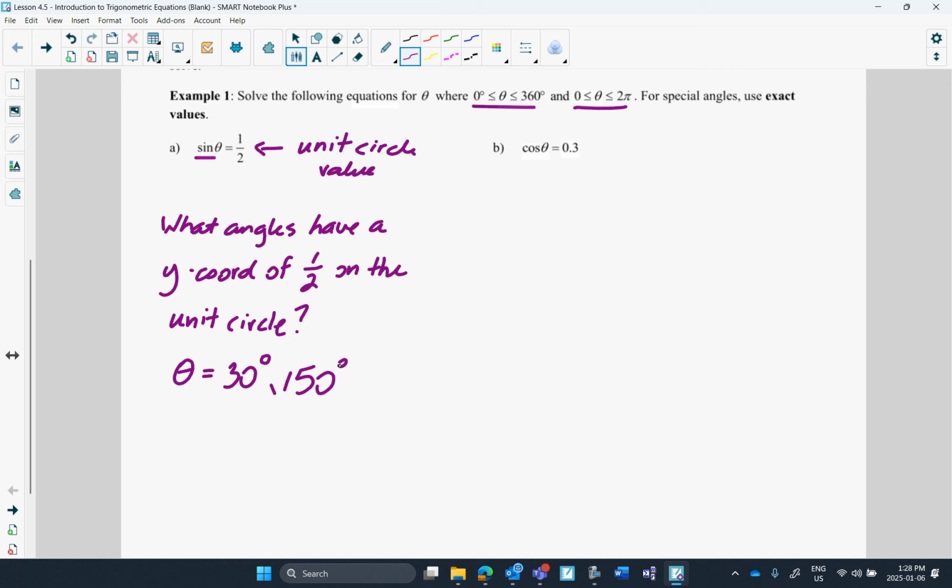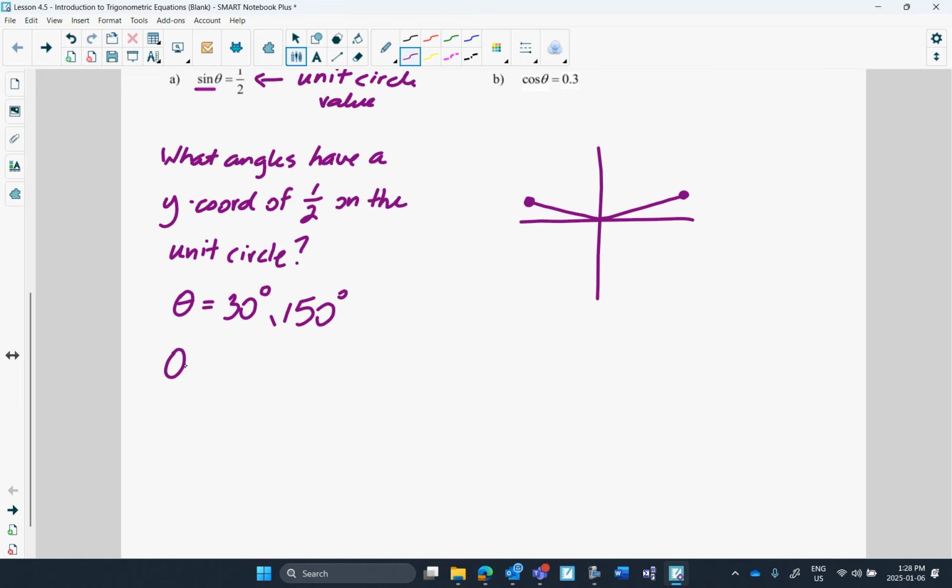Okay, because if you think of your unit circle, here's a point where y is 1/2 at this angle, and here's a point where y is 1/2 at that angle. So that's 30 degrees, and that's 150. What would they be in radians? Pi over 6 and 5 pi over 6.